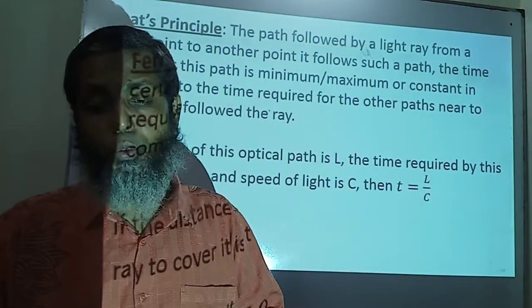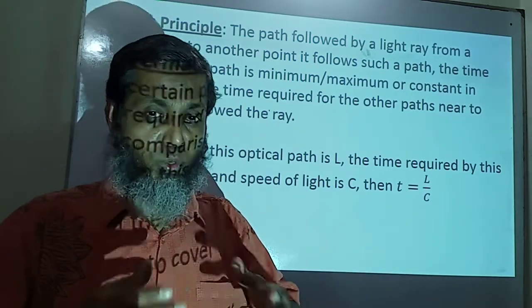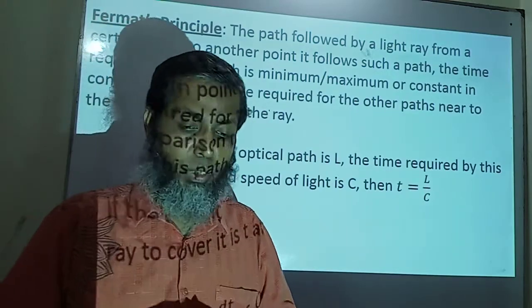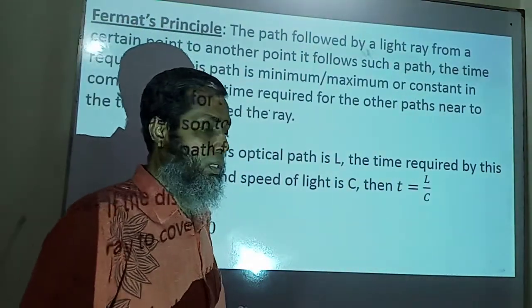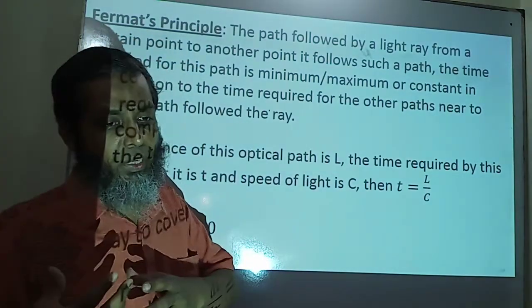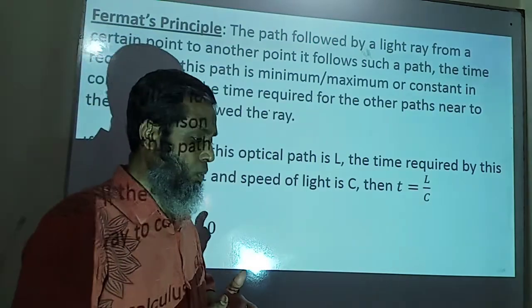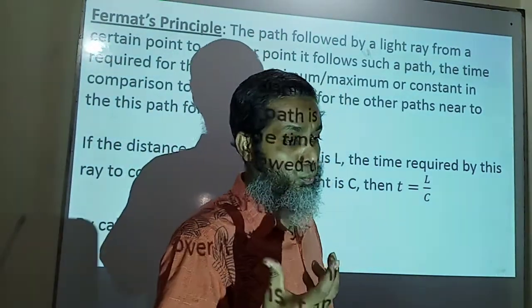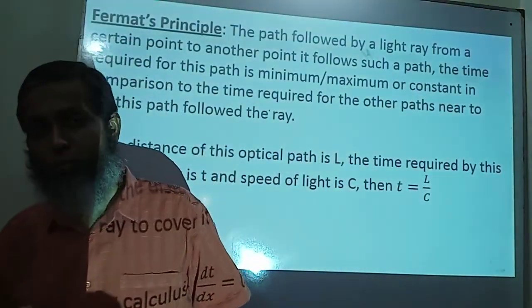Now we will go for proving Fermat's principle. First of all, it came in hypothesis form. Fermat just proposed it, but we know that when a hypothesis comes, the scientist goes for proving it. There are two ways to prove this: either experimental proof or theoretical proof. Here we will go for theoretical proof.